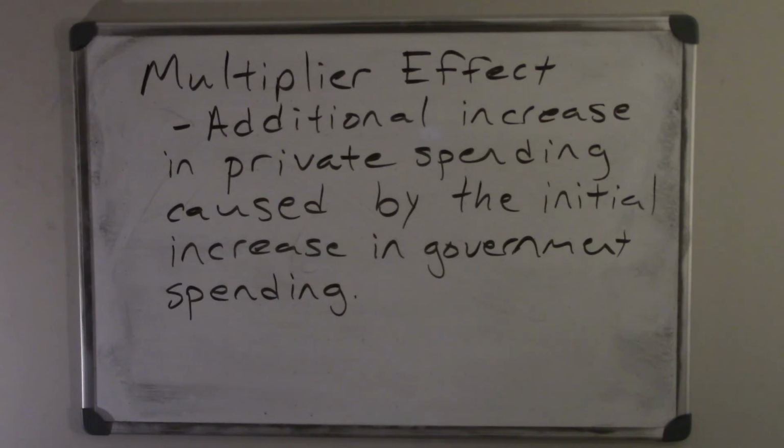Then, we'll just go with the diner because that's really the only example I gave, they go to that diner, then the people working at that diner see their income rise, or at least the owners maybe see. They might hire more staff. So then private spending continues to increase.